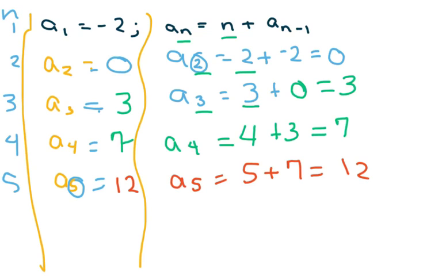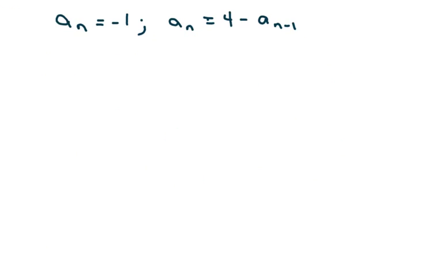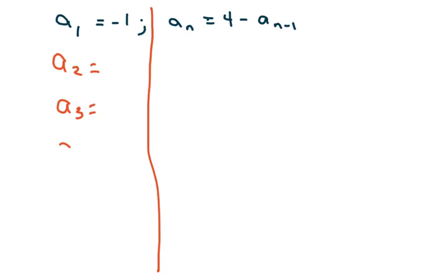Okay. Next one. a sub 1 is negative 1. So now we need a sub 2, a sub 3, a sub 4, and a sub 5. So a sub 2 equals 4 minus your previous term.